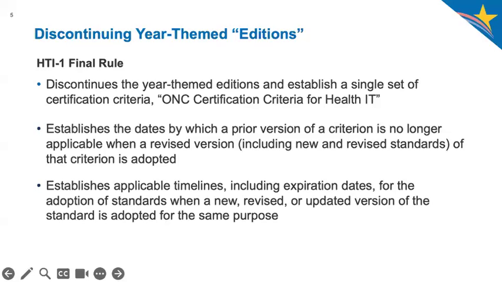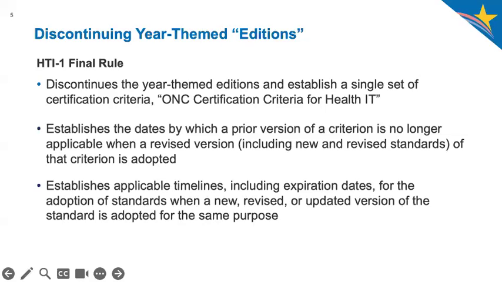So discontinuing year-themed editions. As you know, we have in the past referred to our certification criteria as most recently the 2015 edition Cures update. Prior to that, the 2015 edition, 2014 edition, 2011, and it hasn't been keeping up with the calendar year, so we've decided to do away with the editions and make incremental updates to the certification criterion so they would all remain in one part, 170.315 of the CFR.